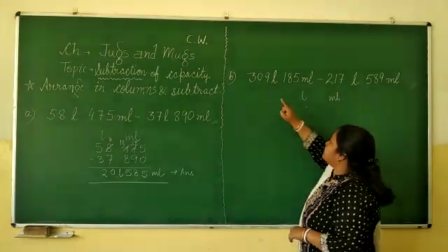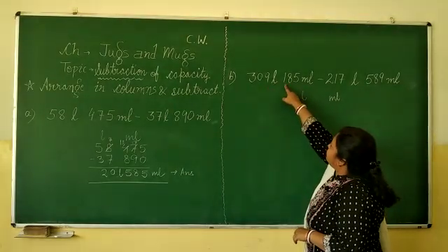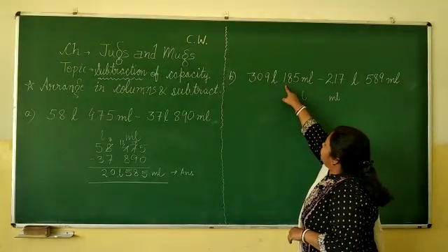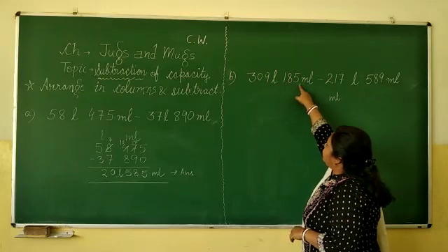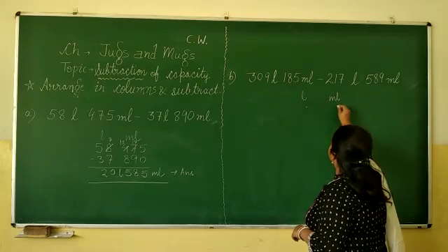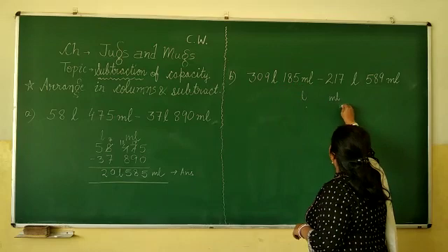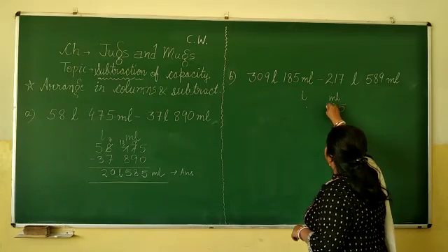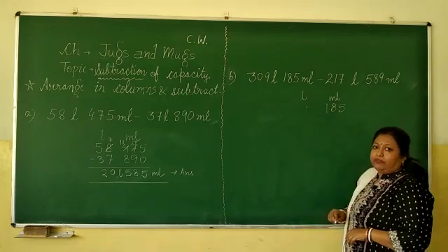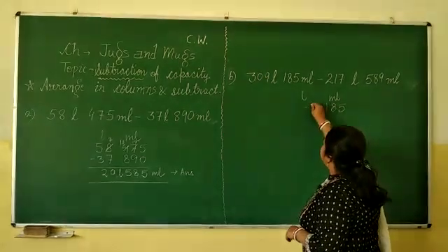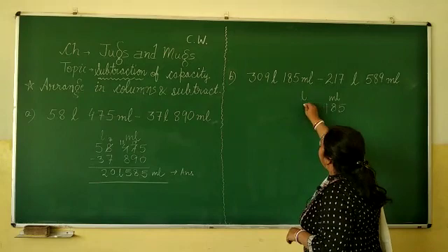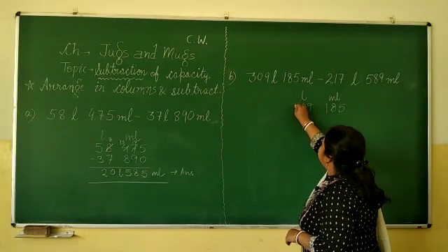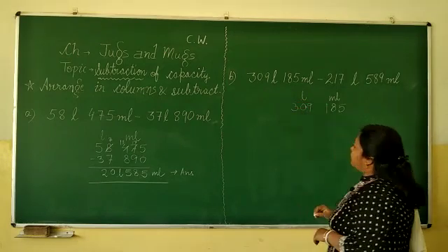Let's write our first quantity, that is 309 liter 185 milliliter. We will write the milliliter quantity first. So we have 5, 8 and 1, 185 milliliters, and here we have 9, 0 and 3, 309 liters.